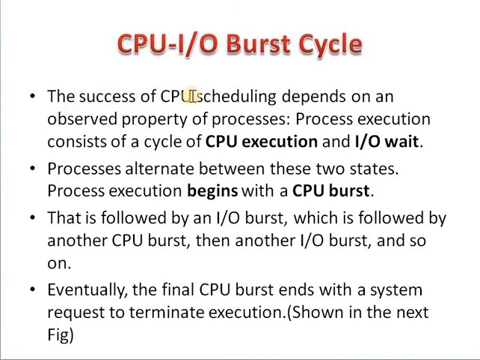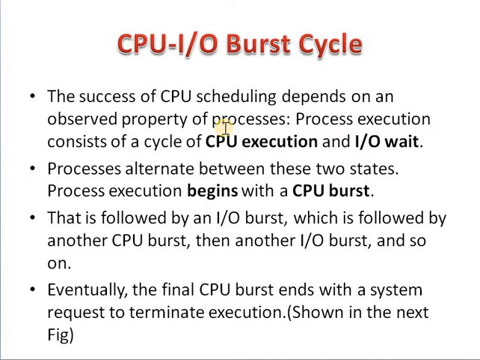The success of CPU scheduling depends on an observed property of a process. That is, process execution consists of CPU execution and I/O wait. It tells that the total success of CPU scheduling depends on an observed property of processes.